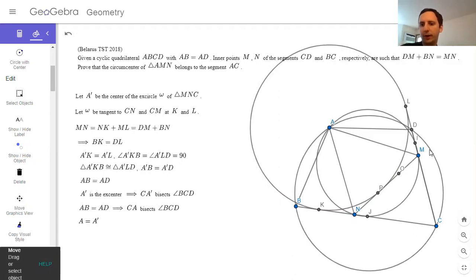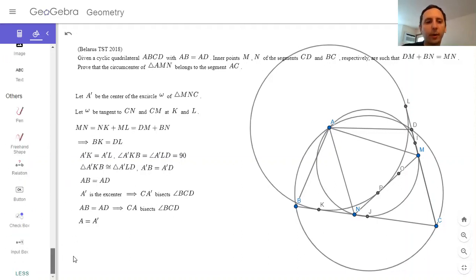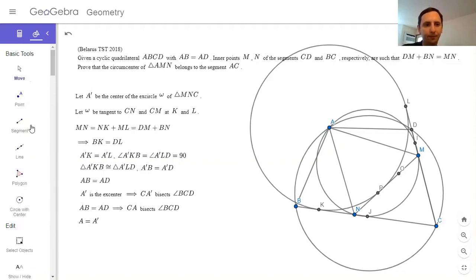If you just look at triangle CMN, the in-center and the excenter lie on a circle passing through M and N, right? And the center is the midpoint of that. So this is just the in-center, excenter lemma. You see what I mean?